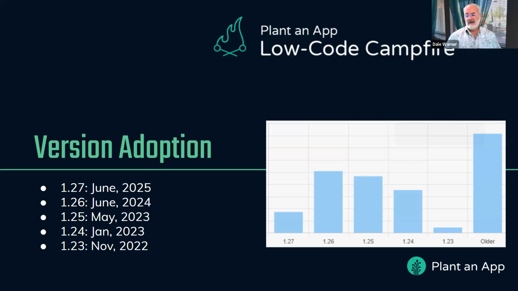On the other hand, I'll make a note. There's one client having an issue upgrading to 127, because one of the features in 127 is to turn on a bunch of indexing for performance reasons.